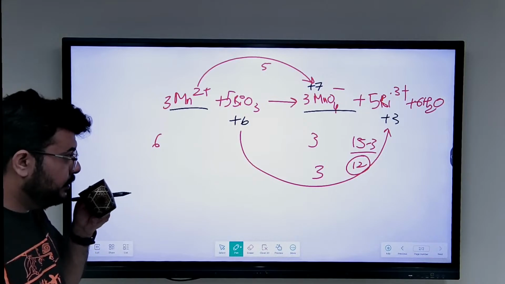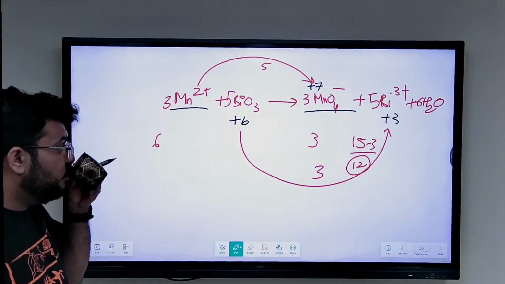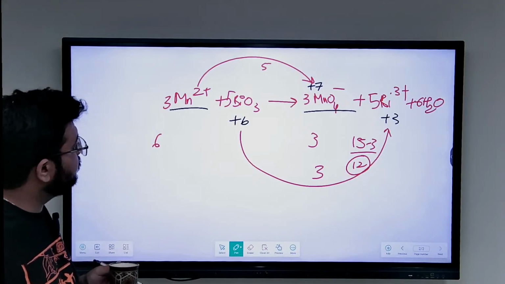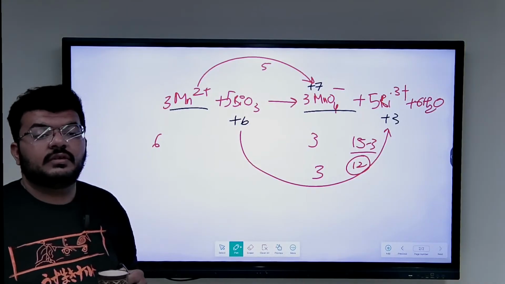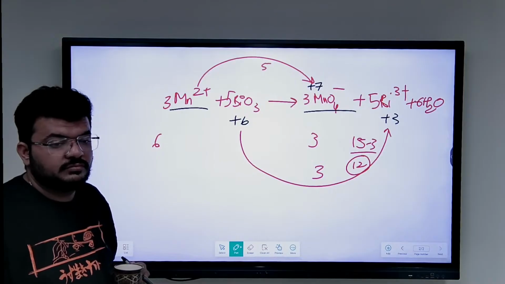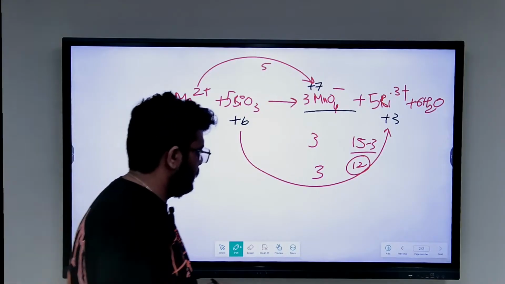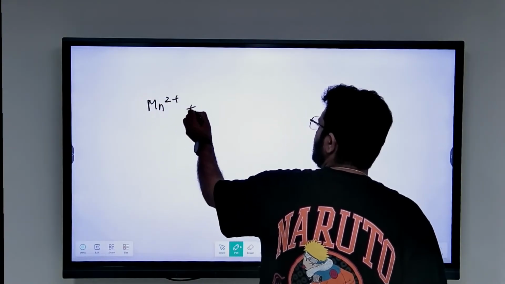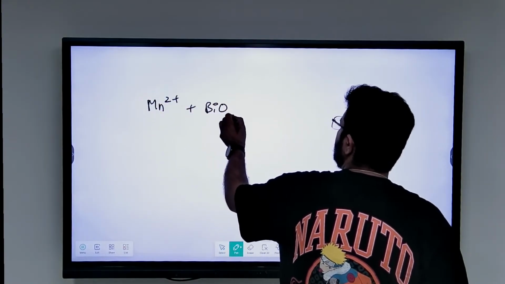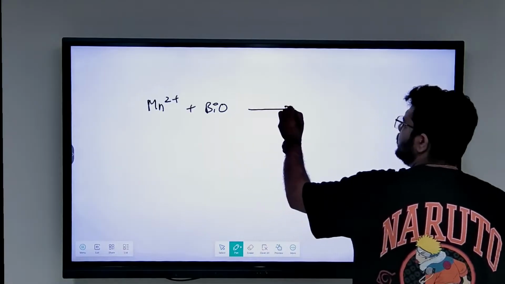MnO4 is plus 7 and it's plus 3, so the change is 5. The other one should be plus 6, not plus 3. तो 6 ही होगा. Mn2 plus and BiO3, है ना, कि 2 है? श्योर.